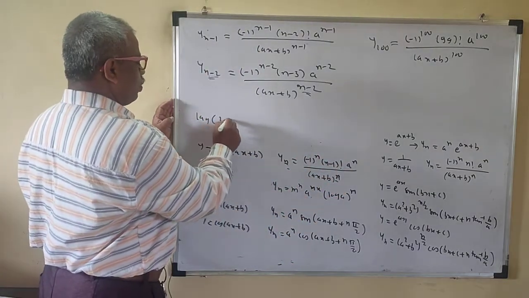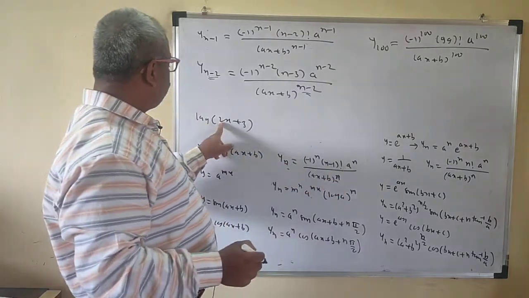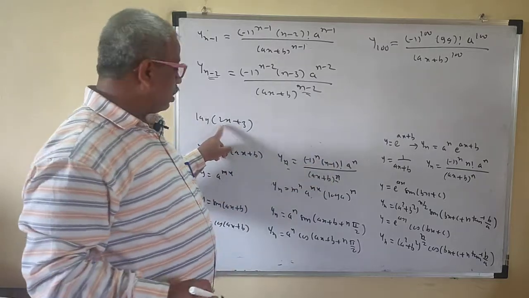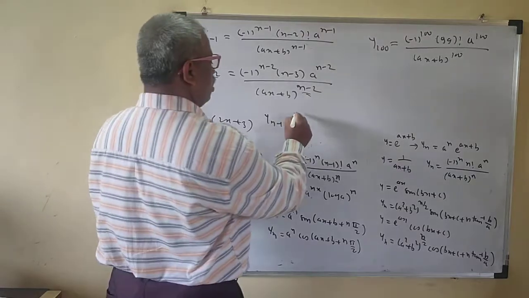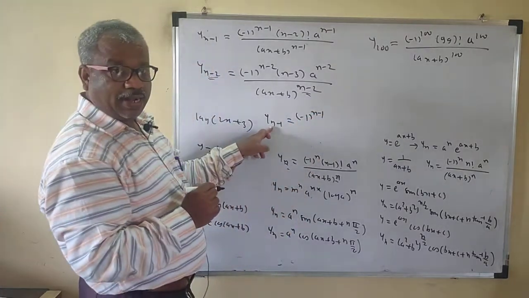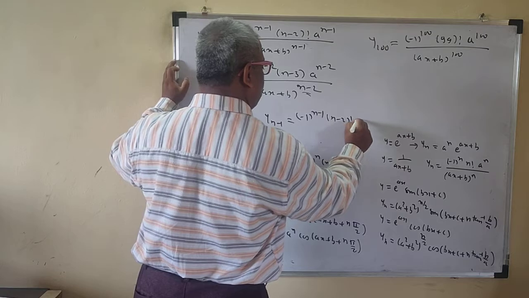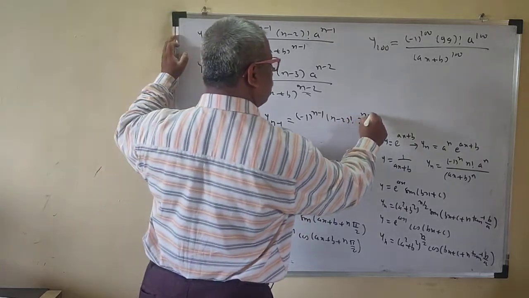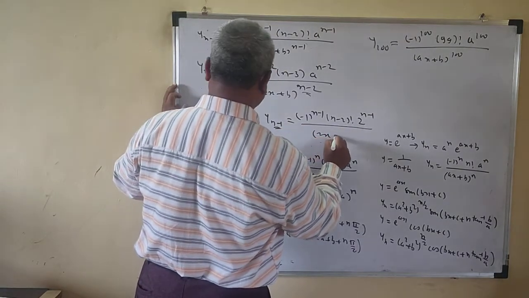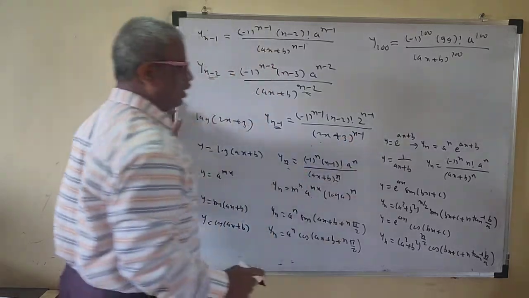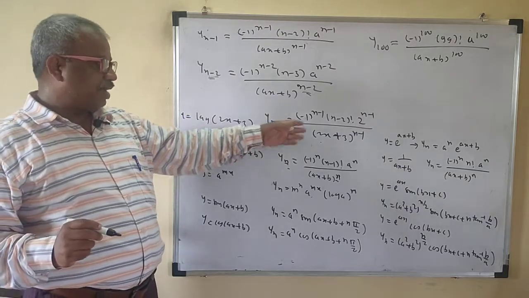Suppose log of twice x plus 3. Your a is 2. You have to take care of a only here, the coefficient of x. So if I write y_(n-1) for this one, I have the formula: (-1) raised to n-1, because I am finding the (n-1)th derivative, then (n-2) factorial, 2 raised to n-1, upon (2x+3) raised to n-1. So if y is equal to log of twice x plus 3, then y_(n-1) is equal to this.